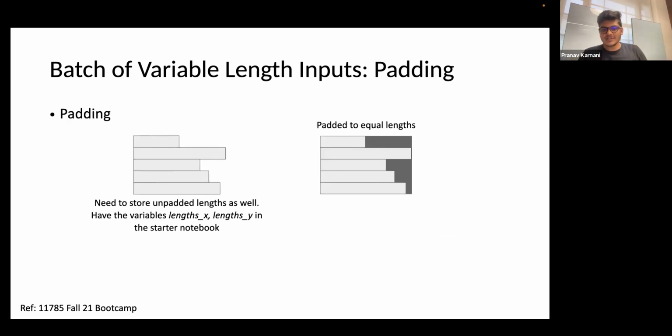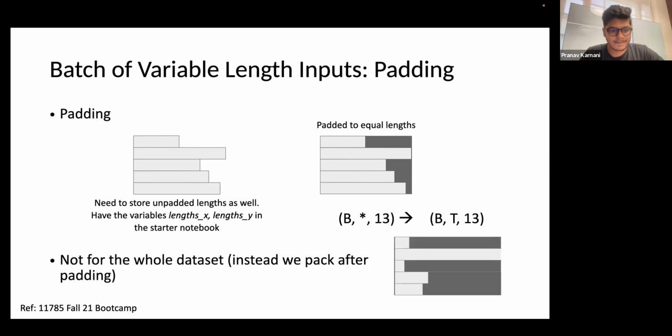There are some helpful functions in PyTorch, which I will go through when I go through the starter notebook with you all. You can pass the MFCCs for each recording to pad_packed_sequence, which is available in PyTorch, which will pad everything out for you and return an object of some batch size by time steps. So it pads everything to, say, T equal to 100 and 15 dimensions, as in the MFCC coefficient dimension, as mentioned here.